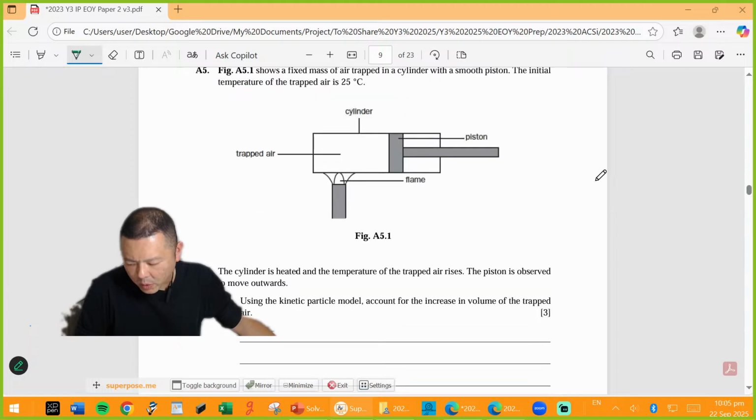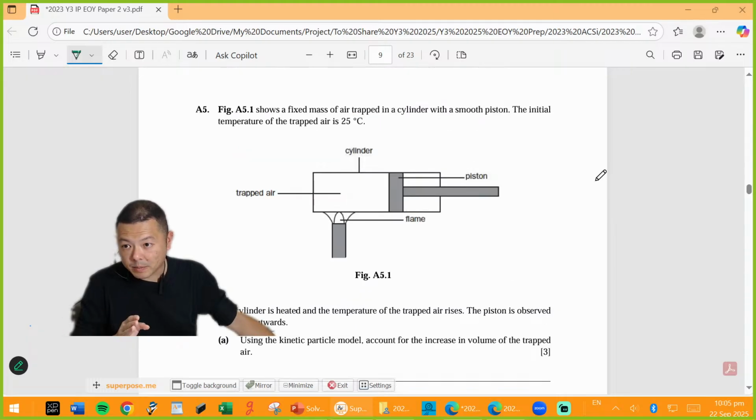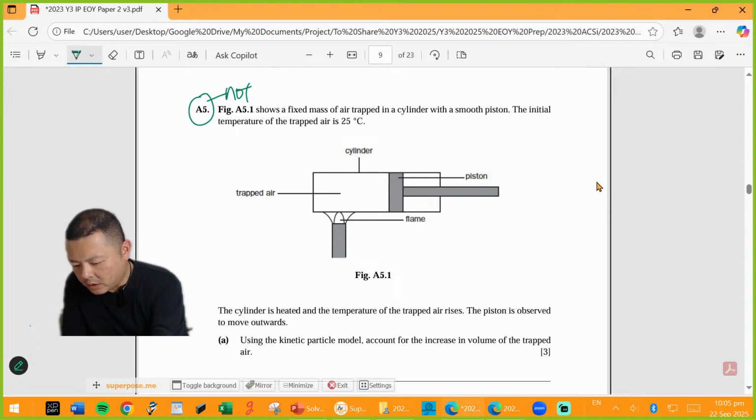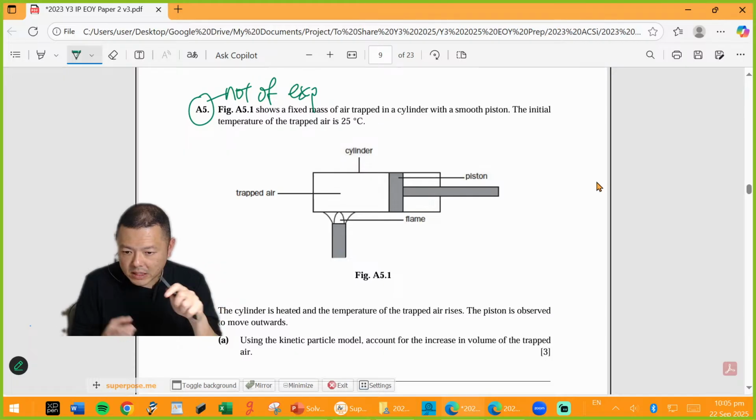Guys, okay, I just spotted something. This question here is not for express. So this one here, not for the express, right? The IPs, you need to do this because as far as I know Garrett needs this.